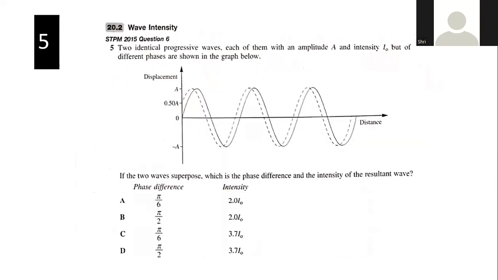Two identical progressive waves, each with amplitude A and intensity I0, but of different phases, are shown on the graph below. If the 2 waves superimpose, what is the phase difference and the intensity of the resultant wave?